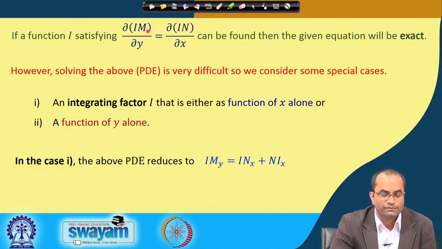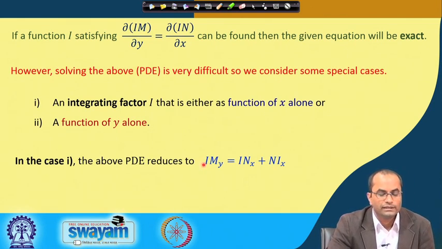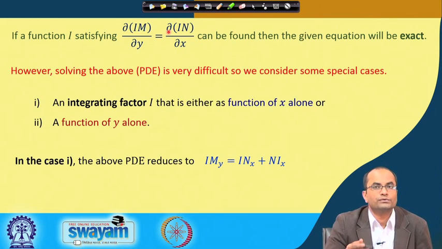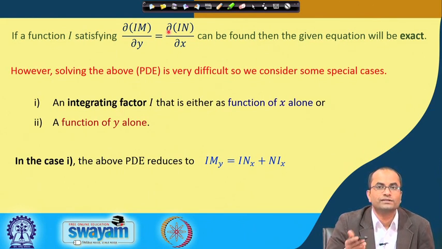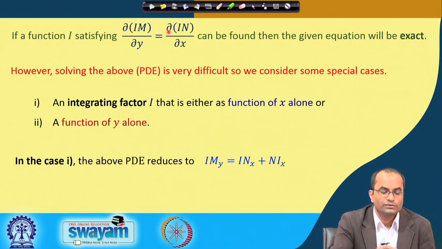So, we have some simplification: at least we have I times the partial derivative of M with respect to y, which is a short notation, is equal to, on the right side, because I is a function of x, we have to use the product rule. So, it is I_x with this N and I with this N_x. So, here is the product rule, the right hand side.